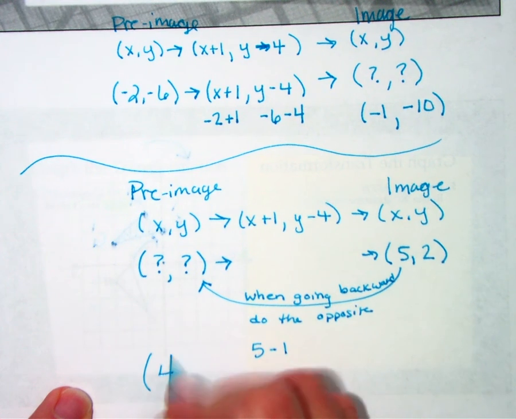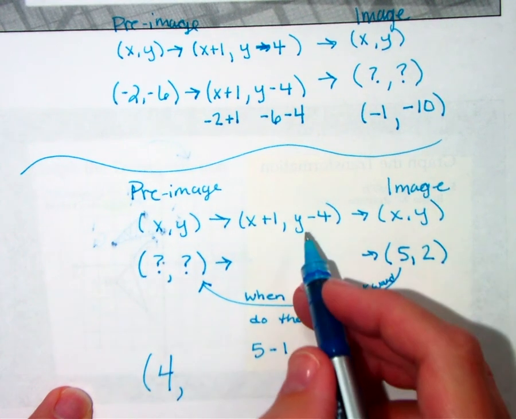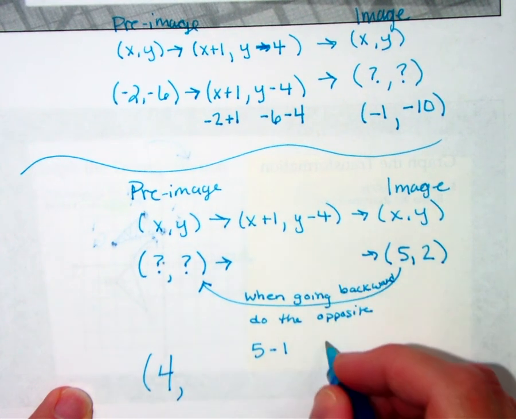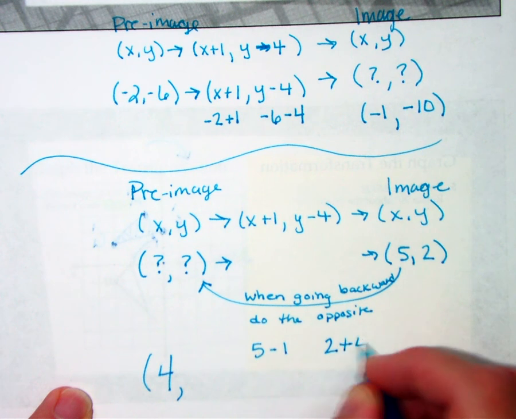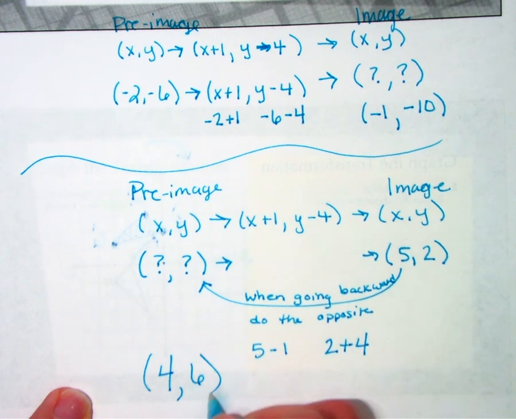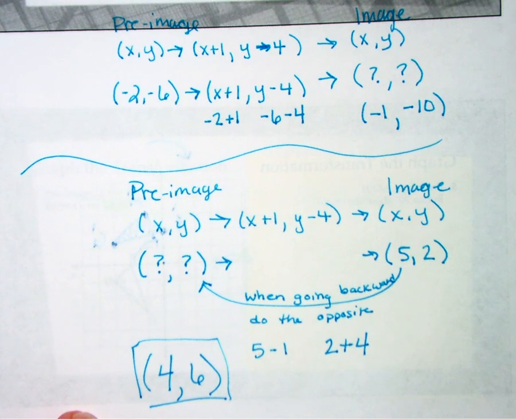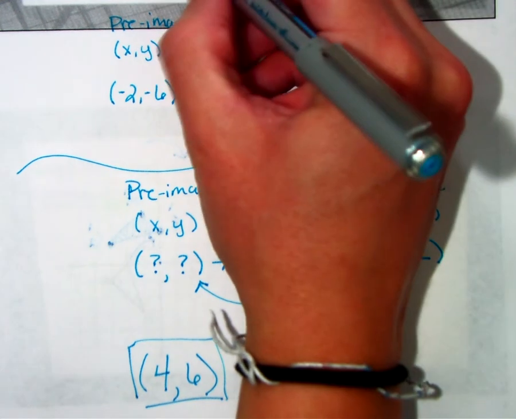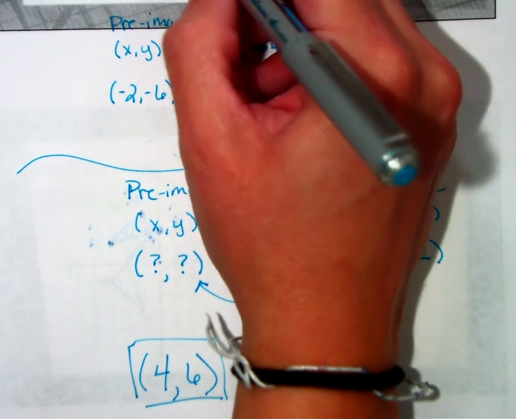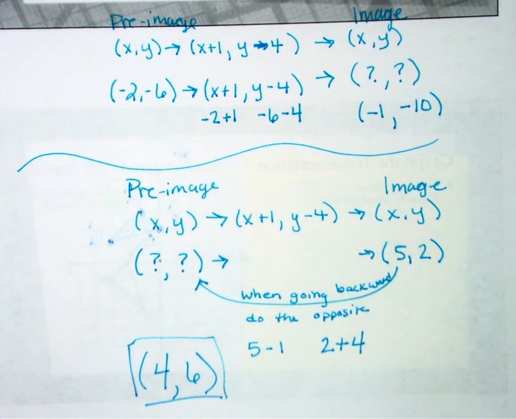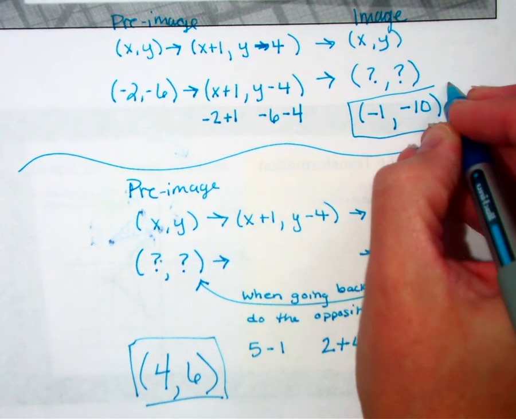That's going to give me the coordinate 4. And instead of doing y minus 4, I'm actually going to do my y value plus 4. And that is my answer. So cross out the answers up here because those were the wrong answers. This was the right answer, but they shouldn't have been up there for you anyway. So my two answers are -1, -10, and 4, 6.